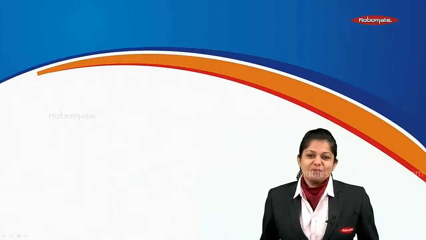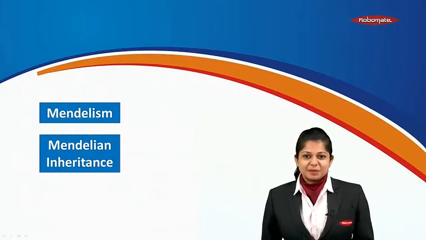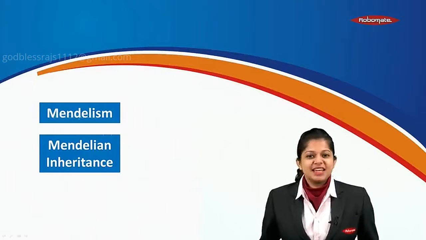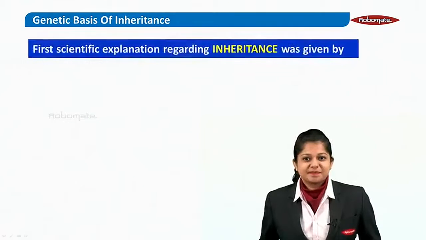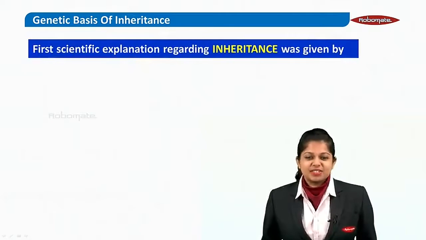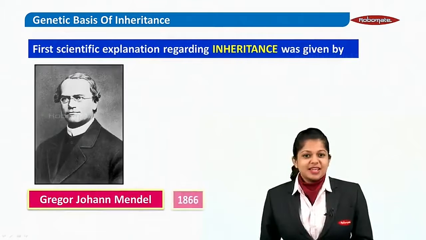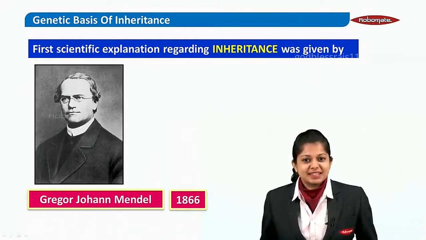In this particular module, we are going to study the concept of Mendelism and Mendelian inheritance. The first scientific explanation regarding inheritance was given by Gregor Johann Mendel in the year 1866.